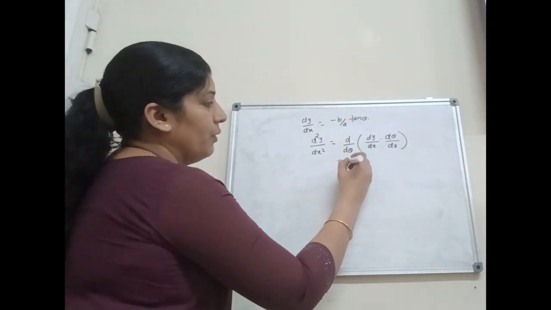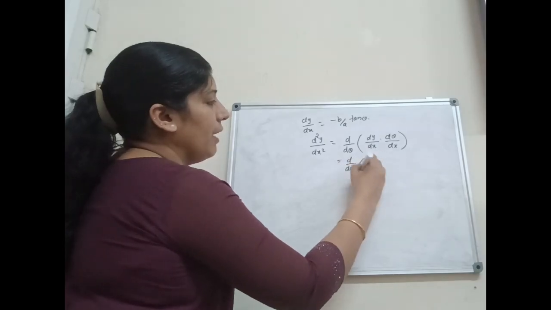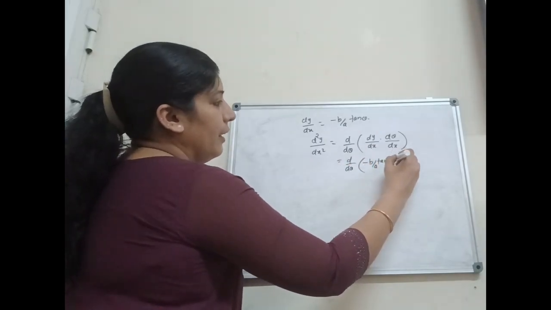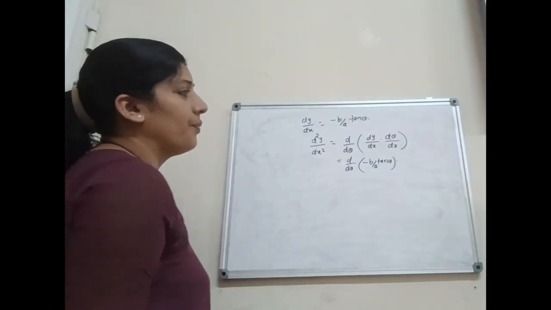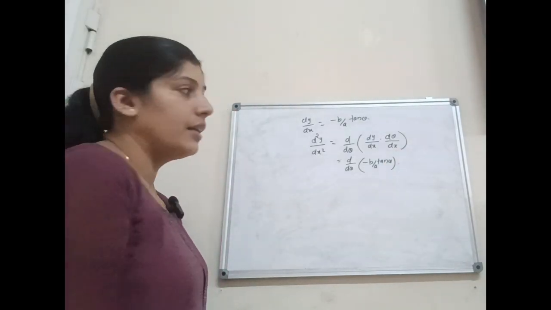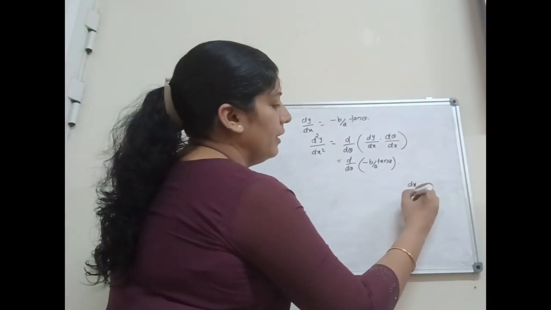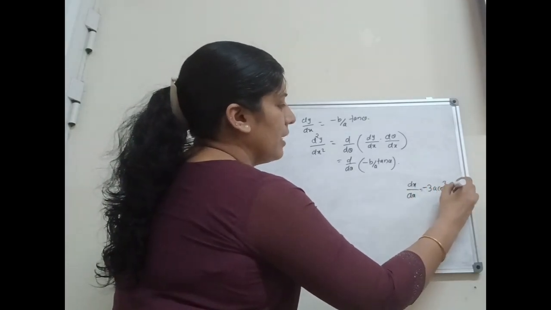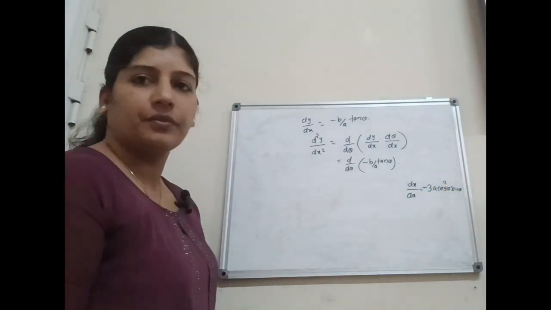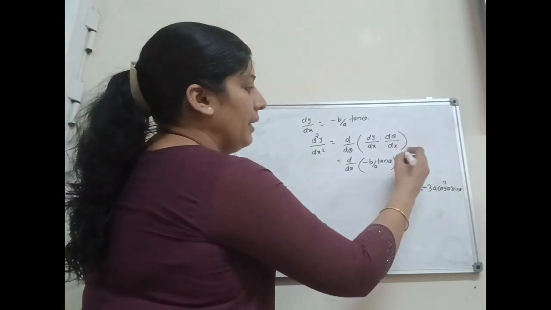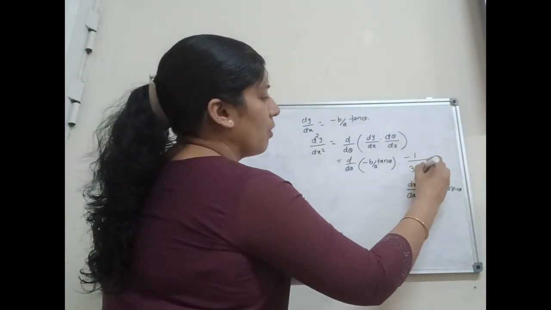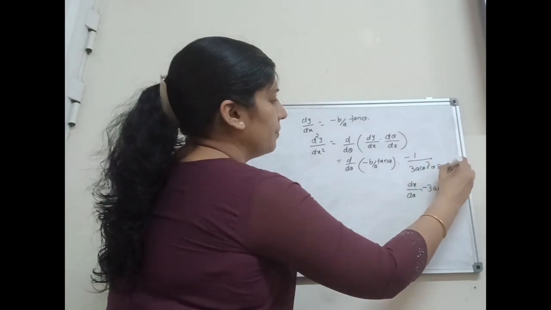That is equal to d by d theta of dy by dx, which is minus b by a tan theta, into d theta by dx. Here dx by d theta is equal to minus 3a cos square theta sin theta. Therefore d theta by dx is minus 1 by 3a cos square theta sin theta.